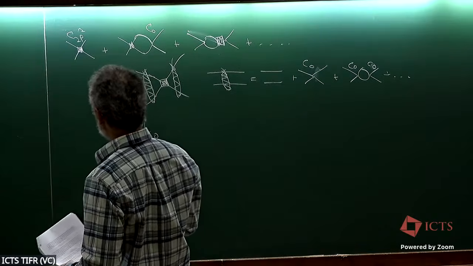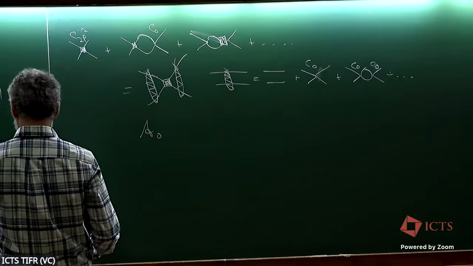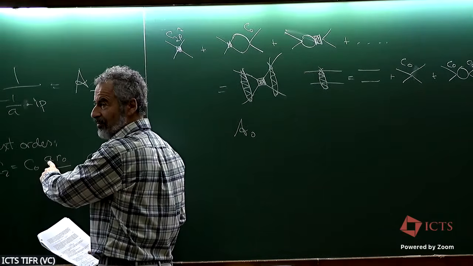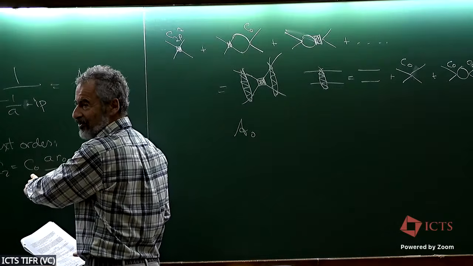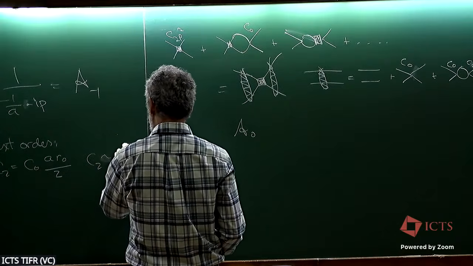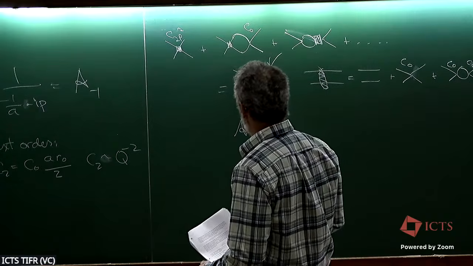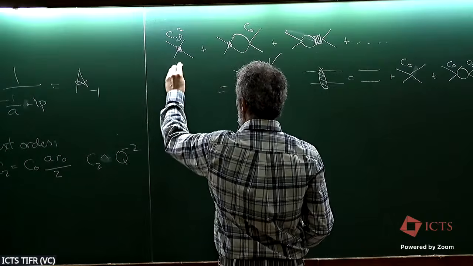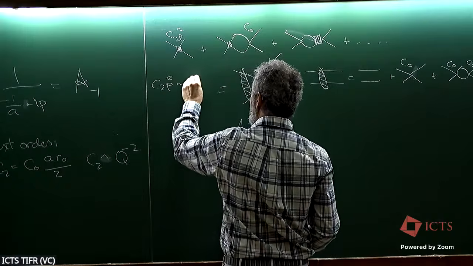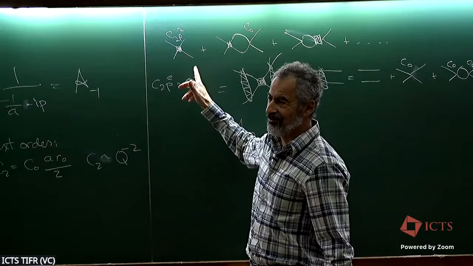How do I get a 0 from this? Well, C2 has an A in it, which is order Q to the minus 1. And it has a C0 in it, which is Q to the minus 1. So C2 goes like Q to the minus 2. And therefore, C2P squared is Q to the 0, because you're multiplying C2, which is order Q to the minus 2, by P squared, which is order Q to the 2.